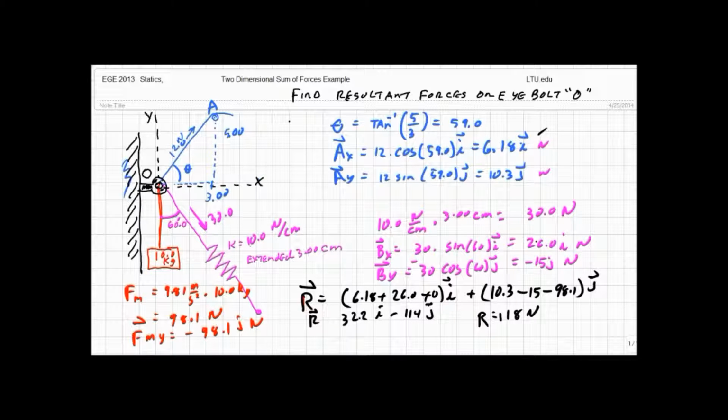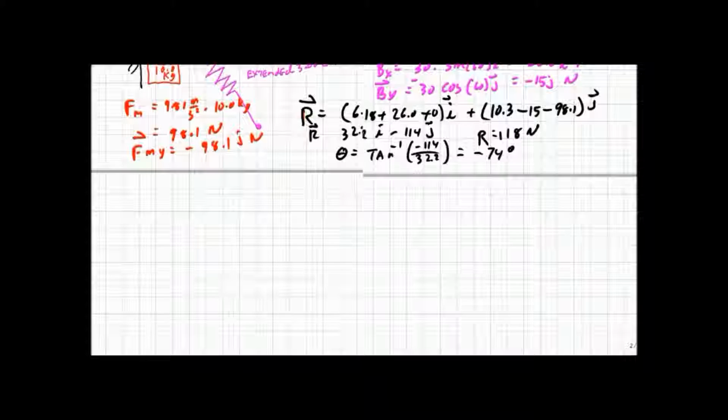My angle theta equals inverse tangent of the Y, which is minus 114, over 32.2, and I come up with a negative 74 degrees. I'm going to slide this down a little bit to get those numbers to stay on the screen. There we go.